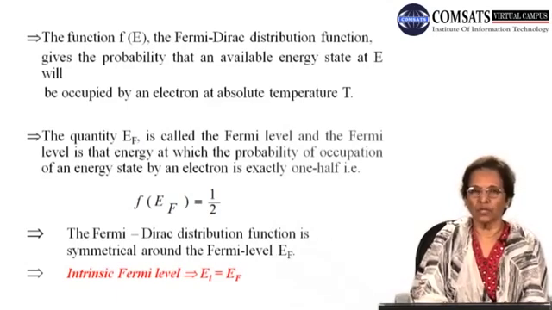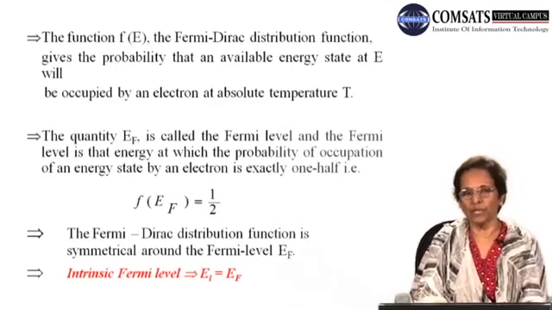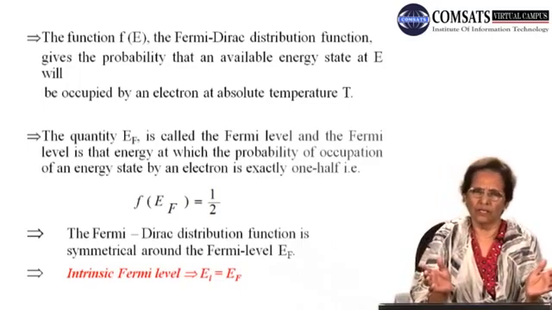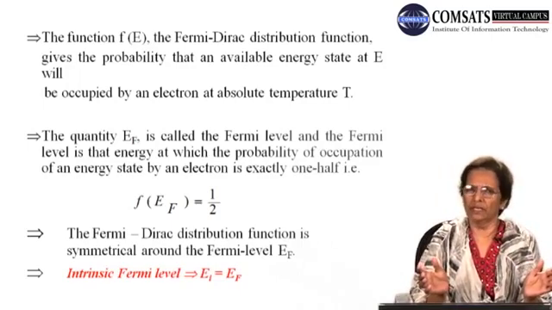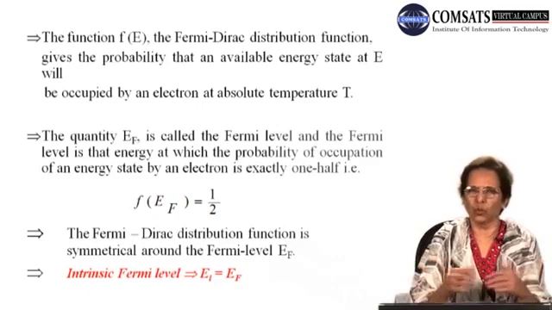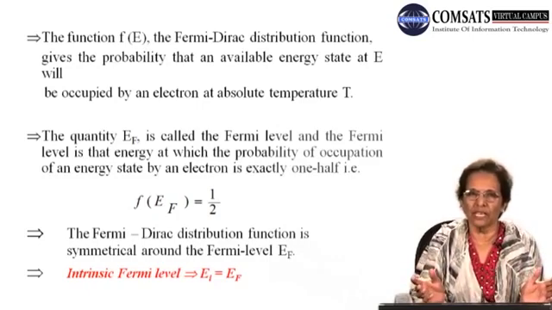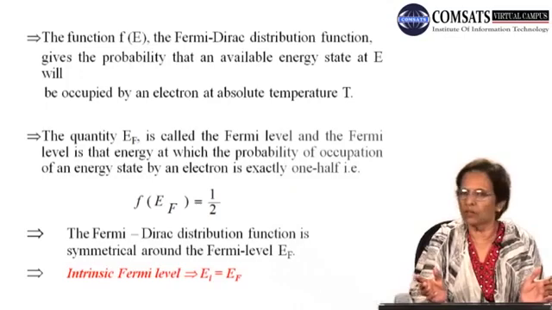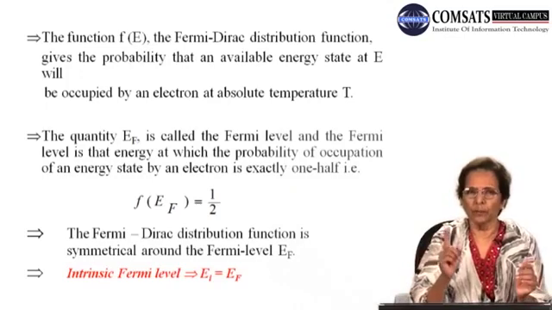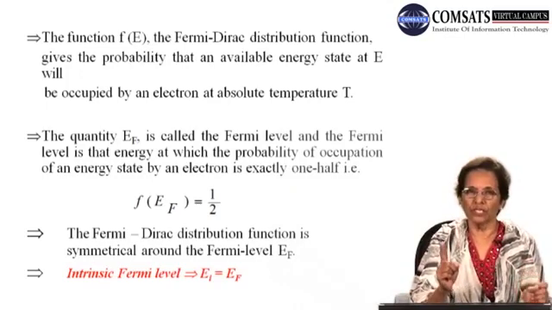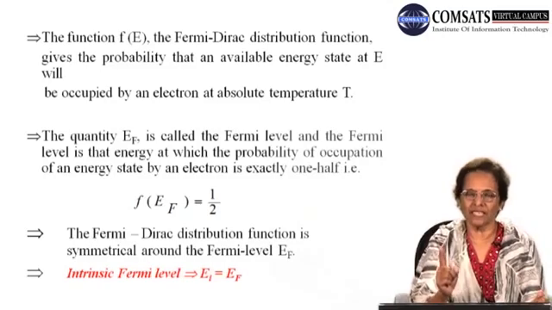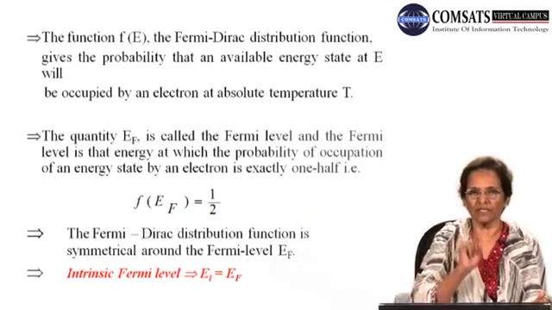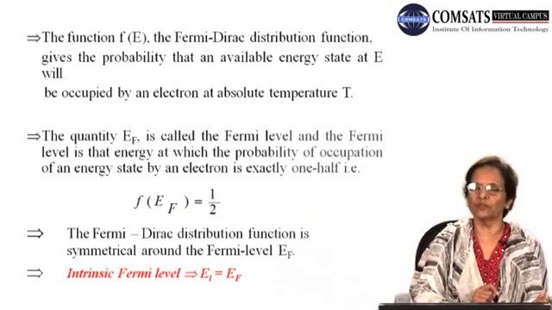This F(EF) gives you a certain probability that the electron is there or not there, or whether a given energy state is occupied or not. But if this probability comes out to be exactly equal to half, that is the concept of Fermi energy EF.